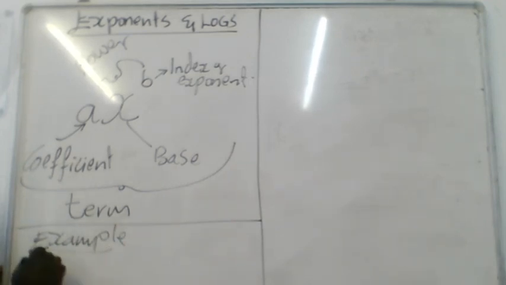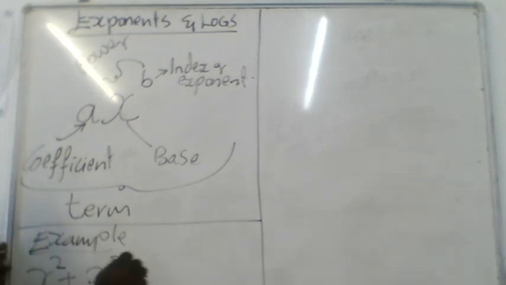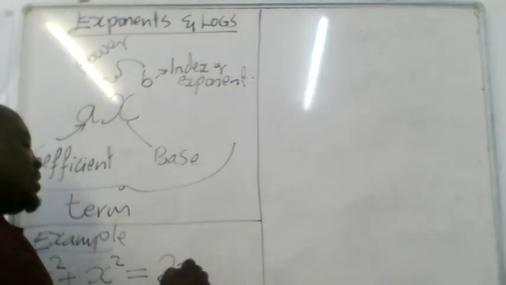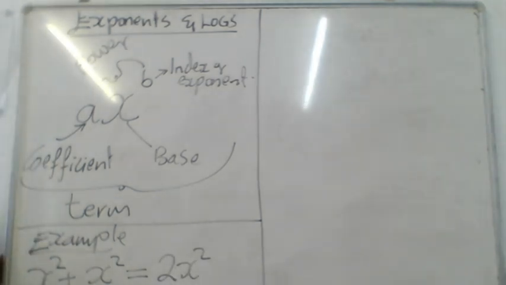So if it's x squared plus x squared, we can say x squared plus x squared gives us 2x squared. If it is x squared plus x, we cannot do anything, it remains the same, because this variable has got an exponent, this one hasn't.